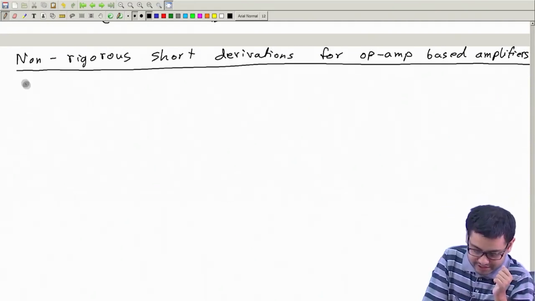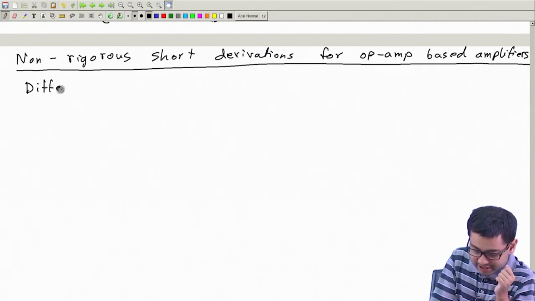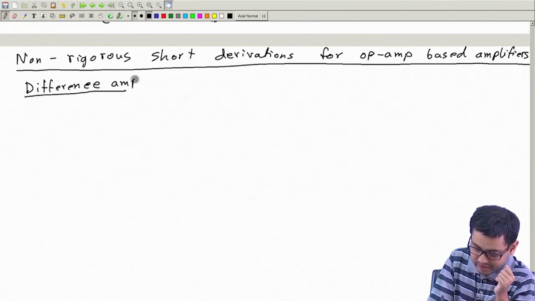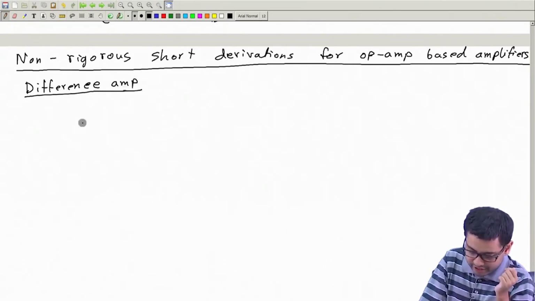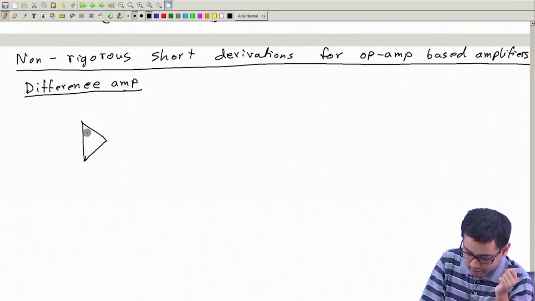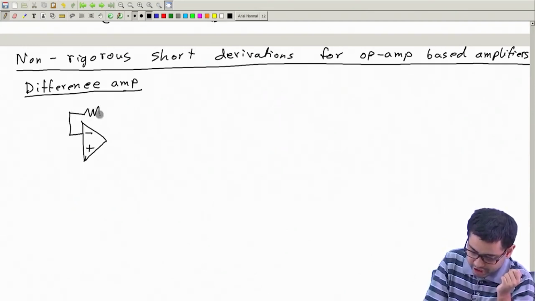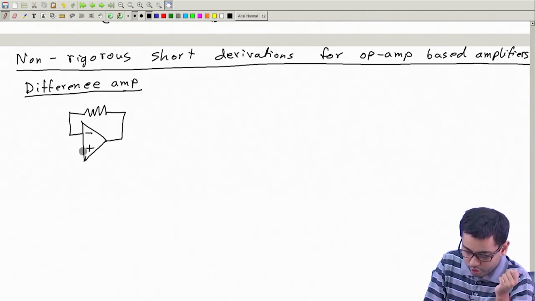Okay, so let's start with the difference amplifier. Let me draw it very quickly. So draw the op amp, put minus and plus signs, then connect the negative to the output, and the positive to the ground.